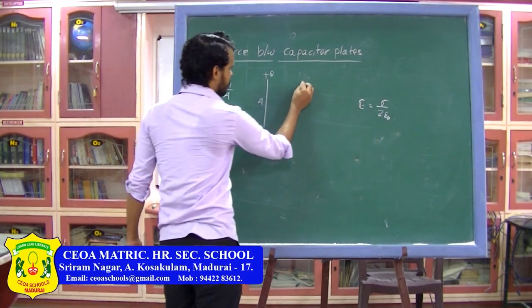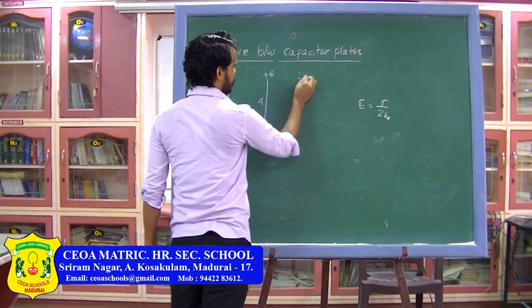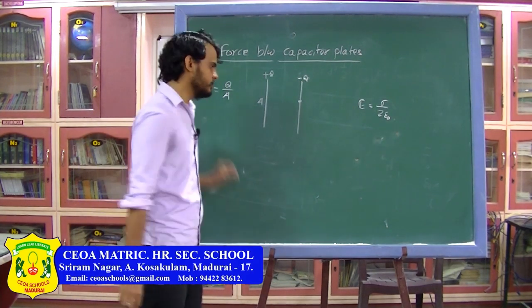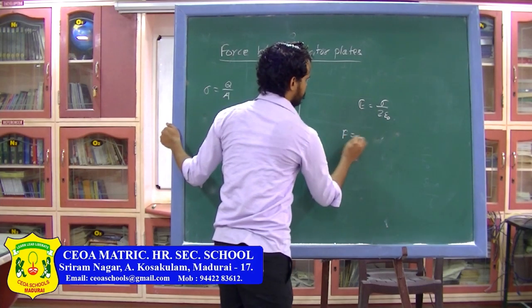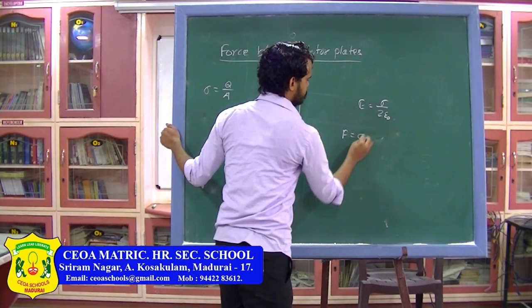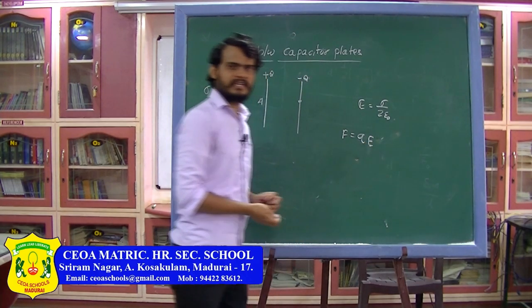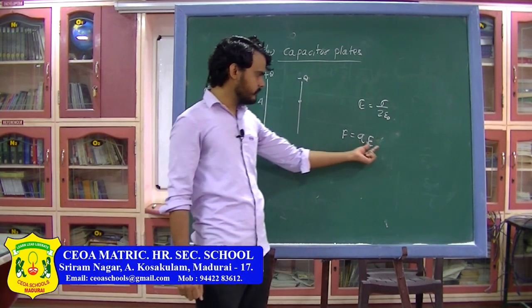Now at this point the electric field is sigma by 2 epsilon naught. So if I keep a minus q charge at this point, it is going to experience a force. The force can be written as q into E. We already know the electrostatic force experienced by a charge is the charge into the electric field.